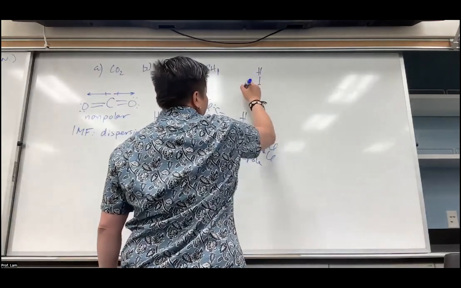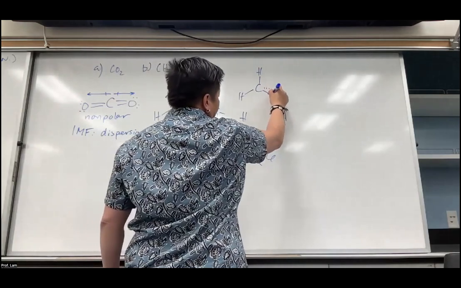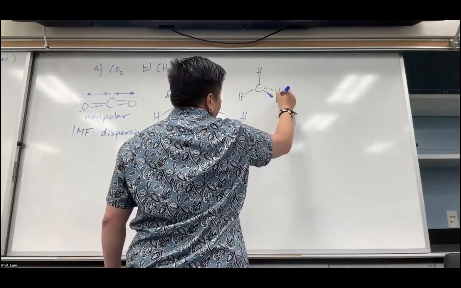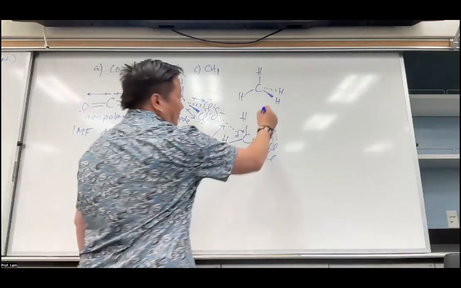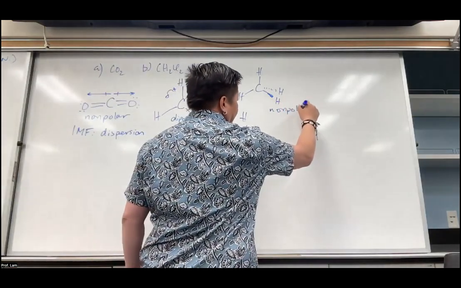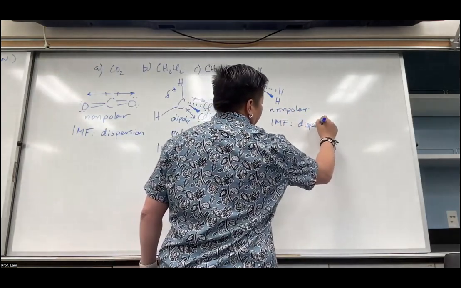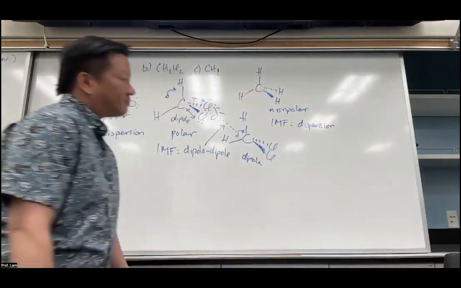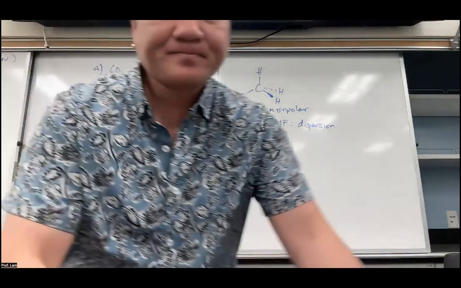This is not dipole-dipole. Again, you have tetrahedral, so I can't even draw any polarity arrows on there. It's completely non-polar. So what is the IMF for this one? Dispersion.